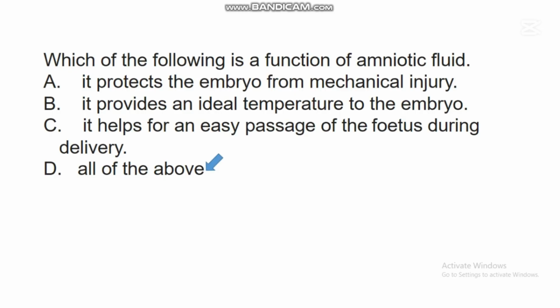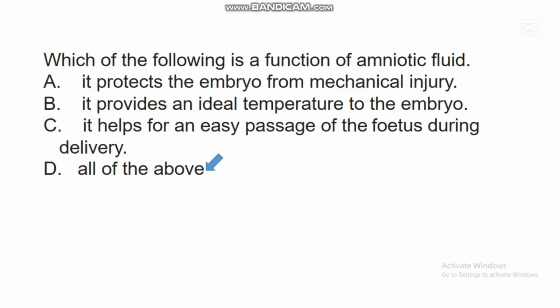All of the above. Amniotic fluid is a fluid produced by this structure called amnion. One of the functions of this amniotic fluid is that it helps in protecting the embryo from mechanical injury. Amniotic fluid also provides an ideal temperature needed for embryo development.